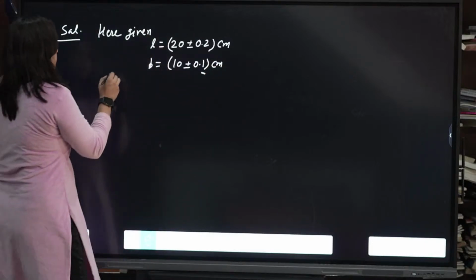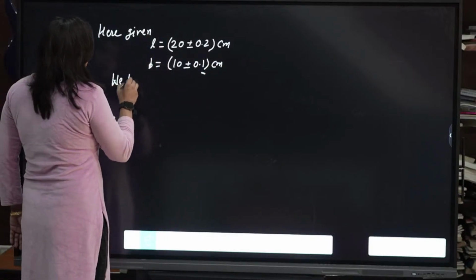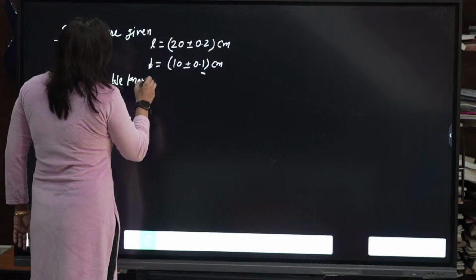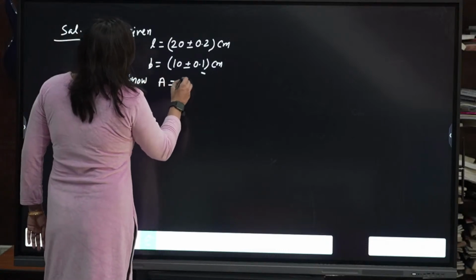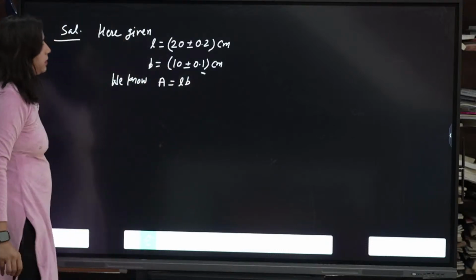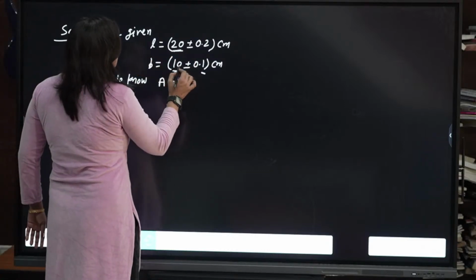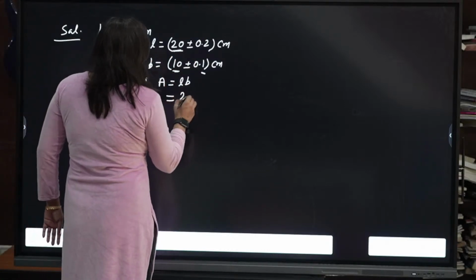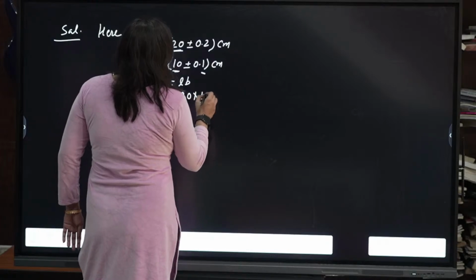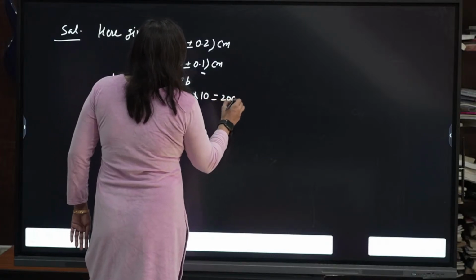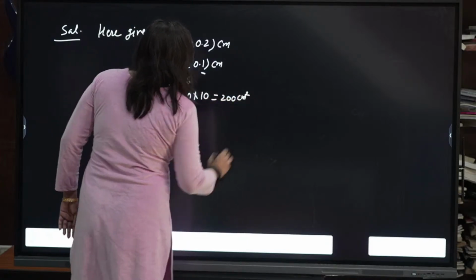And we know area is equal to length into breadth. Simply here, your simple observed value 20 into 10, it is 200 centimeter square.